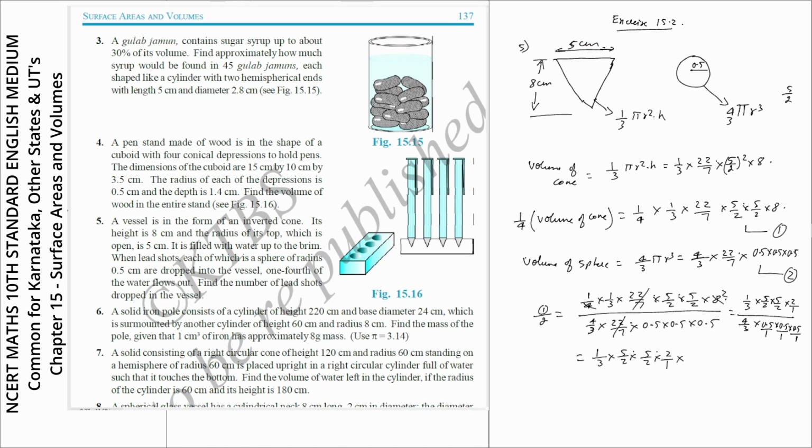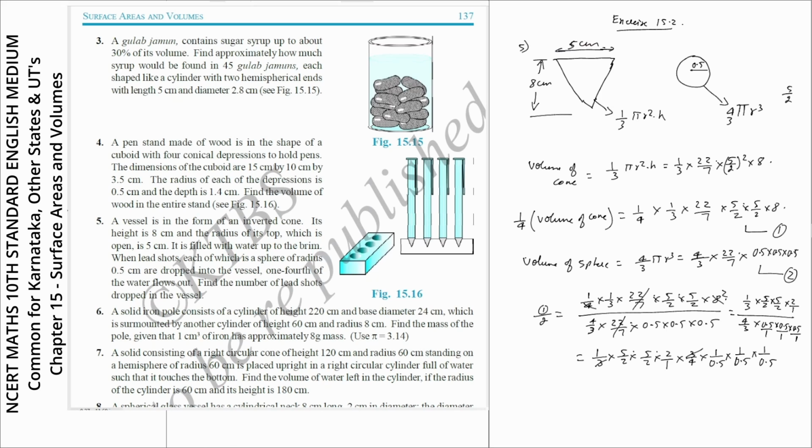Now I will bring the denominator into the numerator. So when I bring 4 by 3 to the numerator, it becomes 3 by 4. Similarly 0.5 by 1 becomes 1 by 0.5, and the other ones also become 1 by 0.5 into 1 by 0.5. Okay, now I can cancel this 3 and this 3.